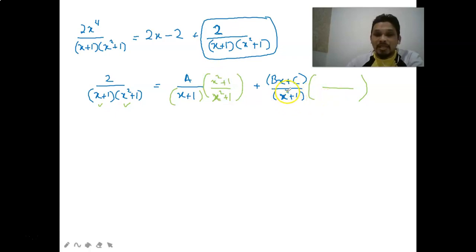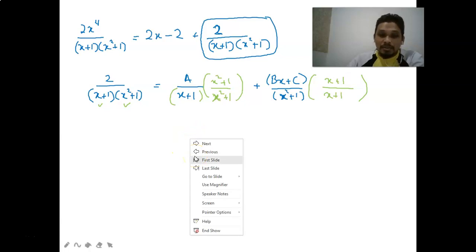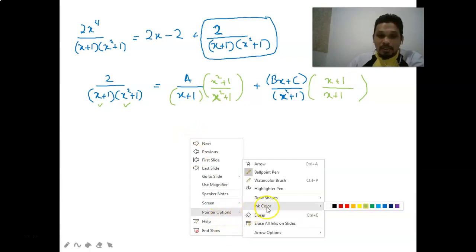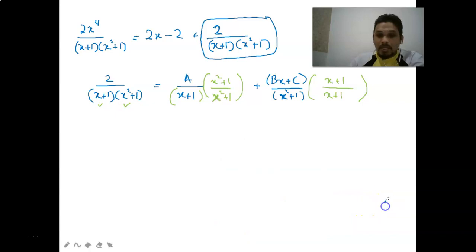And for this, it already has x squared plus 1, it needs another of x plus 1. So the denominators of each fraction are now equal.